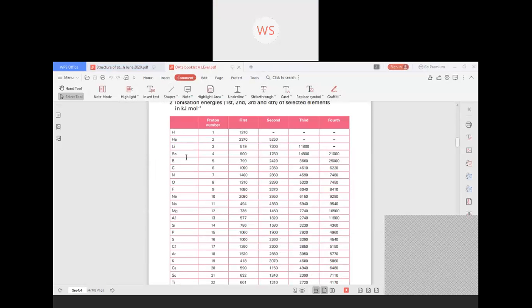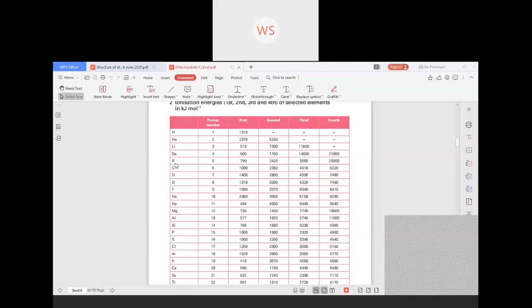Now, from this one, boron. Let me give a marking of the boron here. Let me make it not as a pen, as a pencil.